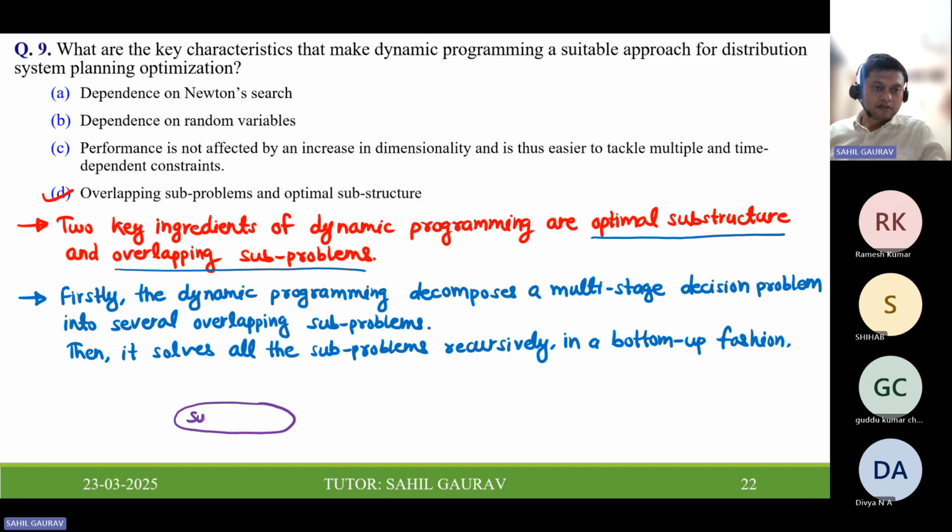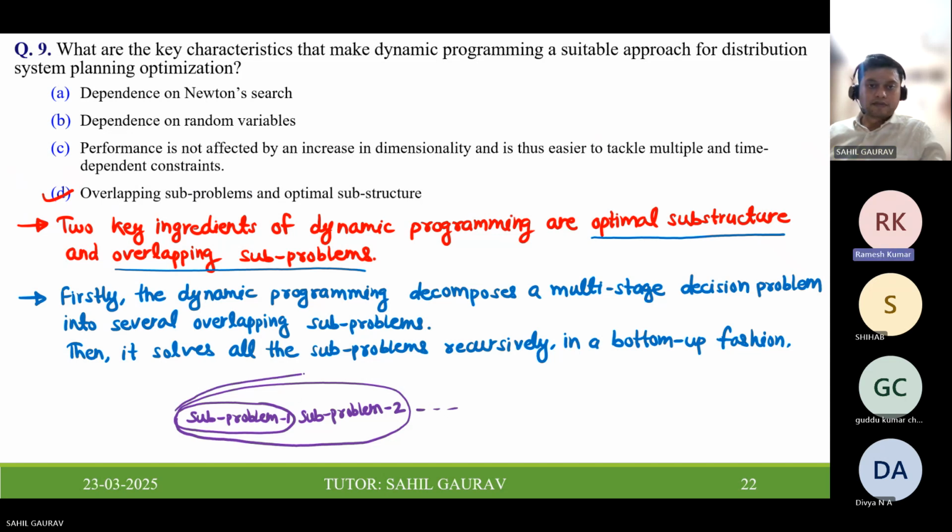This is subproblem 1, and then it is subproblem 2, and so on, and then the complete problem.